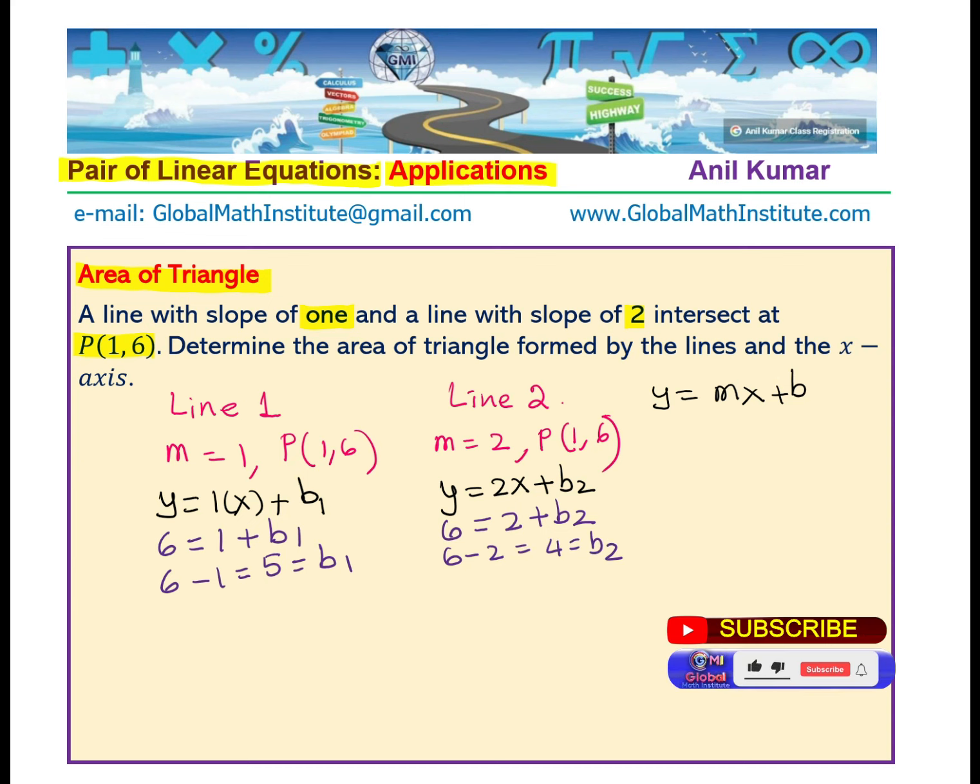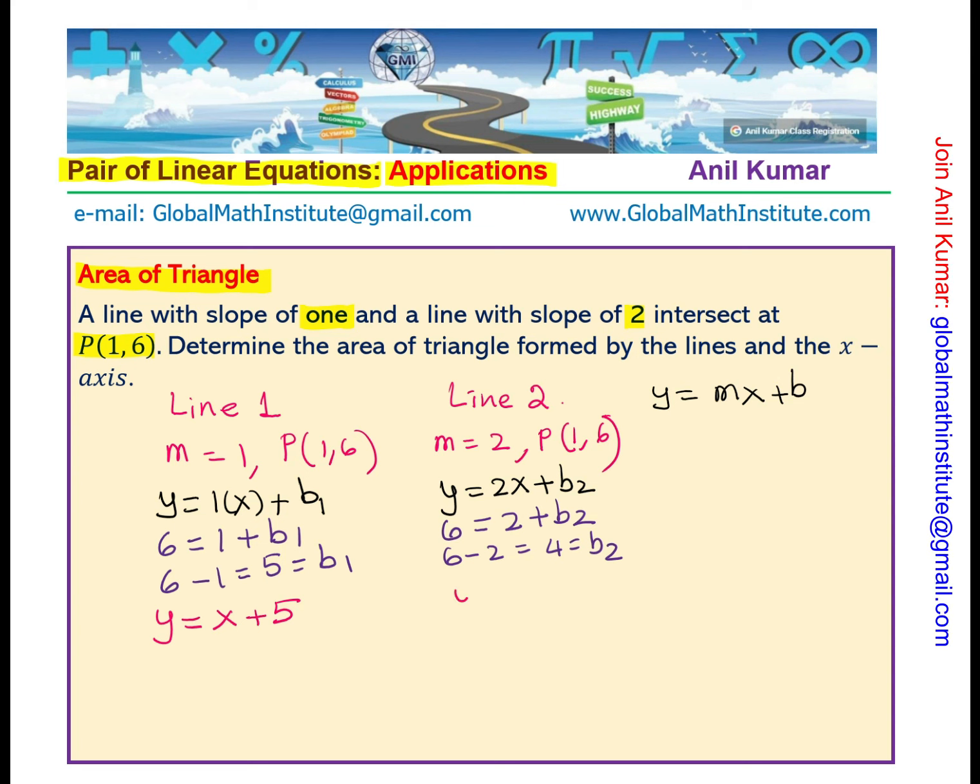Therefore, the equations of the lines are y = x + 5 and y = 2x + 4. At this stage, you can also check that if I substitute x = 1 for both the lines, we get y = 6. So this equation is absolutely correct.